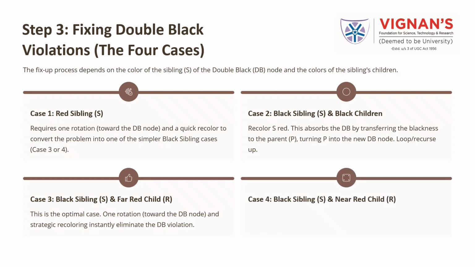Black sibling with near red child. If the sibling is black and its near child is red, two rotations are required. First, a rotation is performed on the sibling and its red child, which converts the structure into case 3. Then, the case 3 rotation and recoloring are applied, fully eliminating the double black violation.